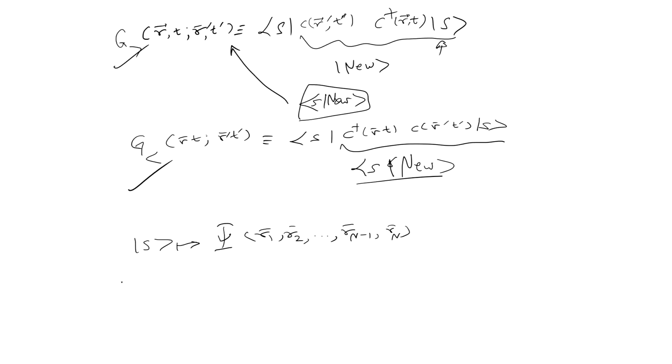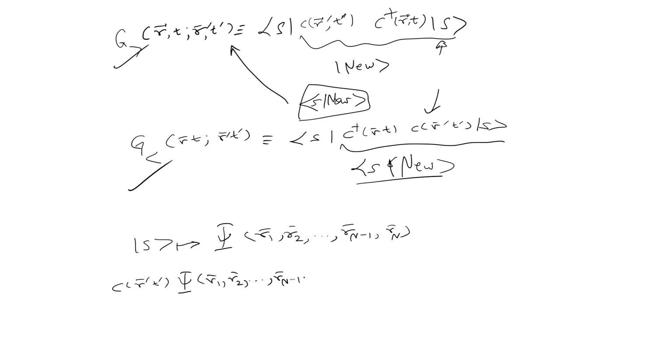Now I am going to first start describing the whole propagator. I am going to first annihilate a quantum particle with appropriate statistics at location r dash at time t dash from the state called psi. So when I do that, what am I going to get?